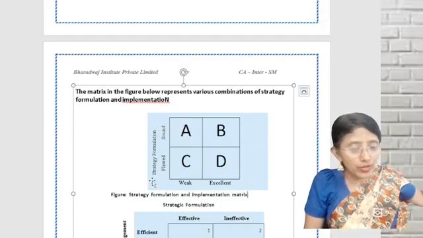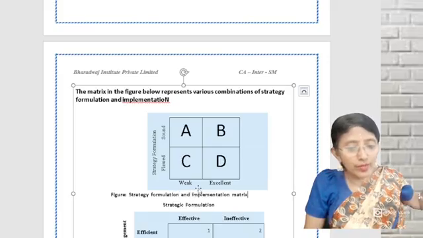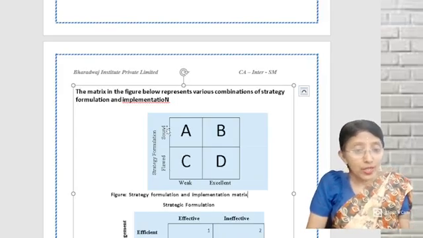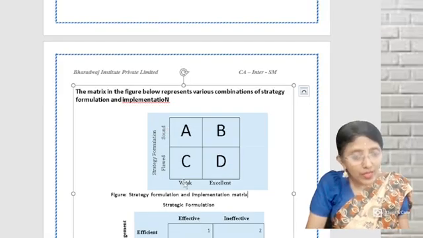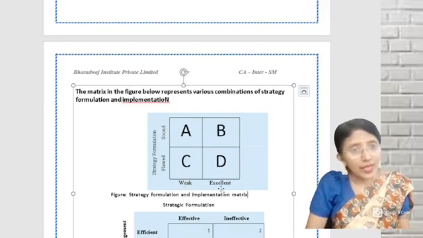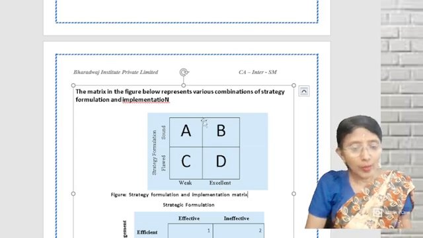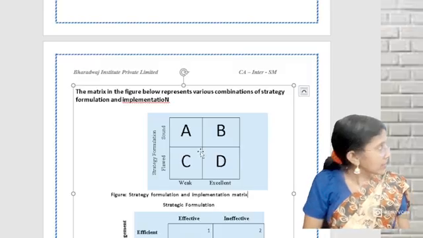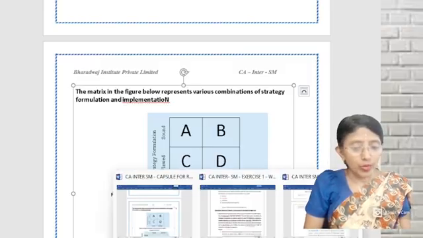What is given in your vertical axis is strategy formulation, and in your horizontal axis, what do you have? Weak and strong implementation. So flawed formulation, sound formulation, weak implementation, excellent implementation. Now among the 4, which is the best one? You are going to look at this ABCD and tell me what is the best one.